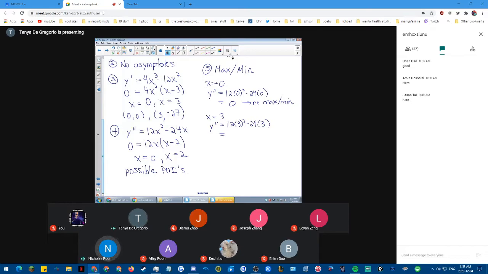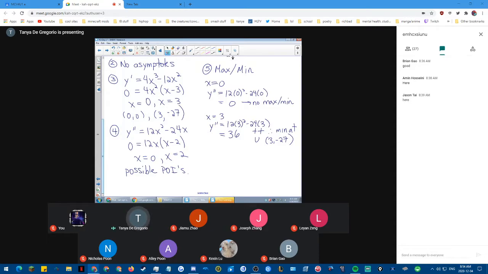We get 36. Excellent. And so because it's a positive number, we know that it's a minimum, right? And the point was 3 comma negative 27. Okay, good. So we now know that that value is a minimum.